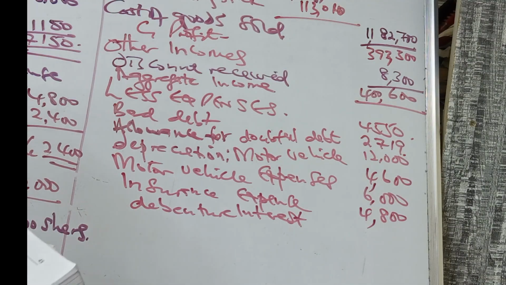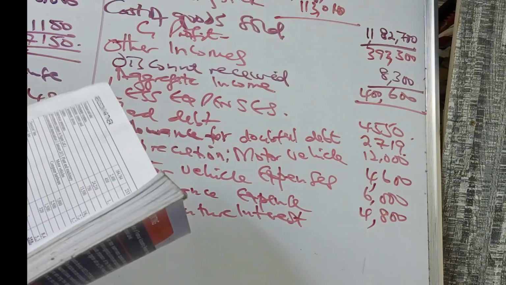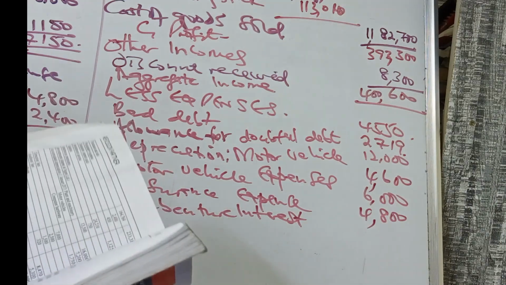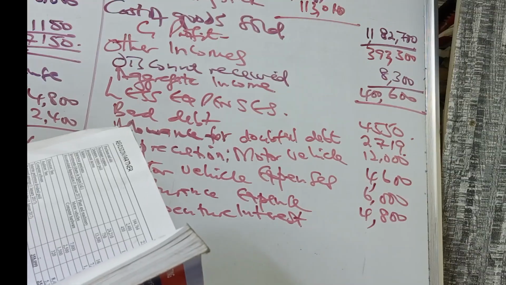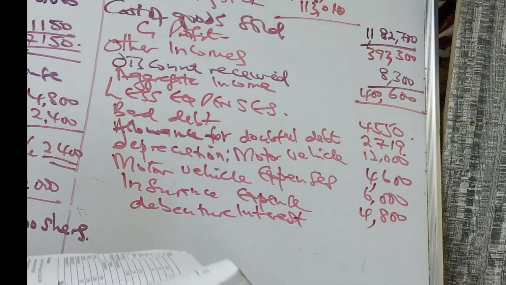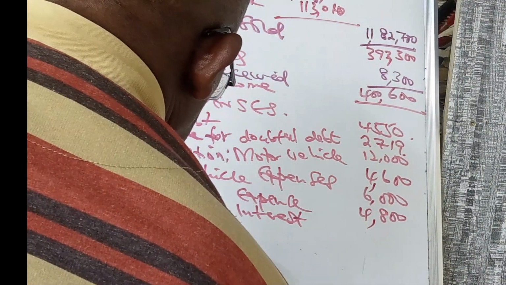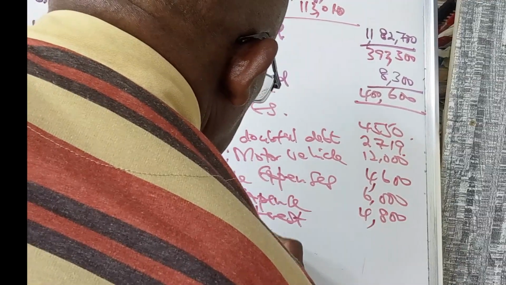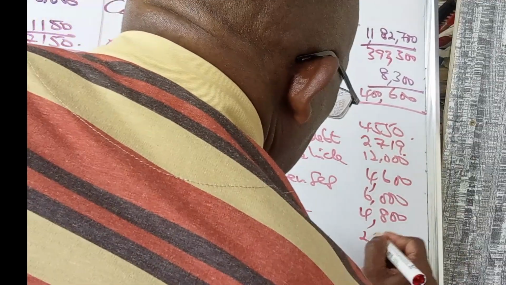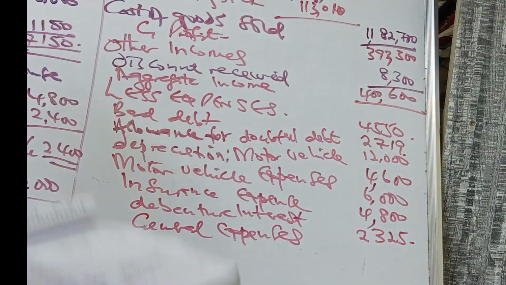And therefore, we now go back to trial balance to find out the expenses which we never did adjustment. They include general expenses of 2325, from the trial balance.